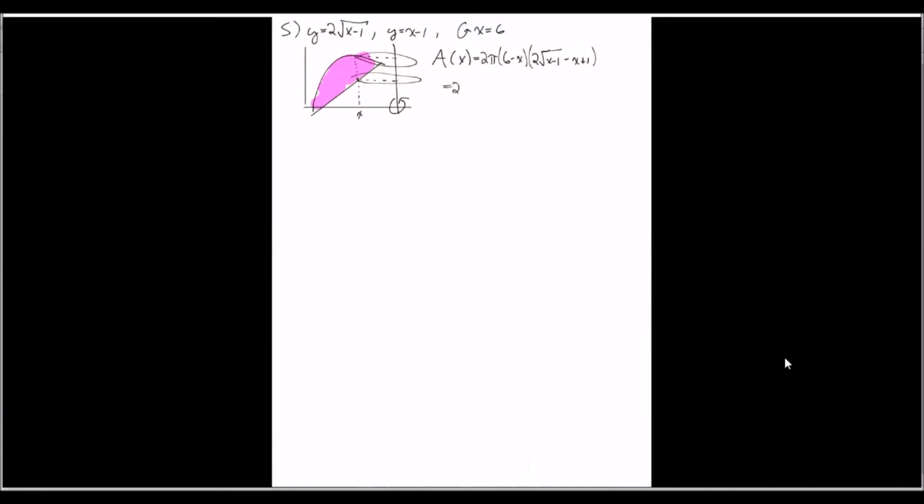So we've got 2 pi times, multiplying this out, x squared minus 7x plus 6 times 2 radical x minus 1, which gives 12 radical x minus 1 and then minus 2x radical x minus 1.